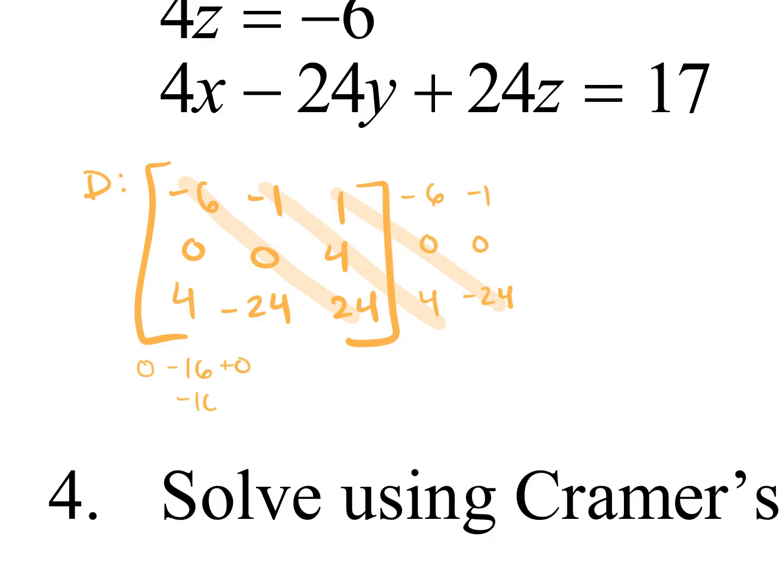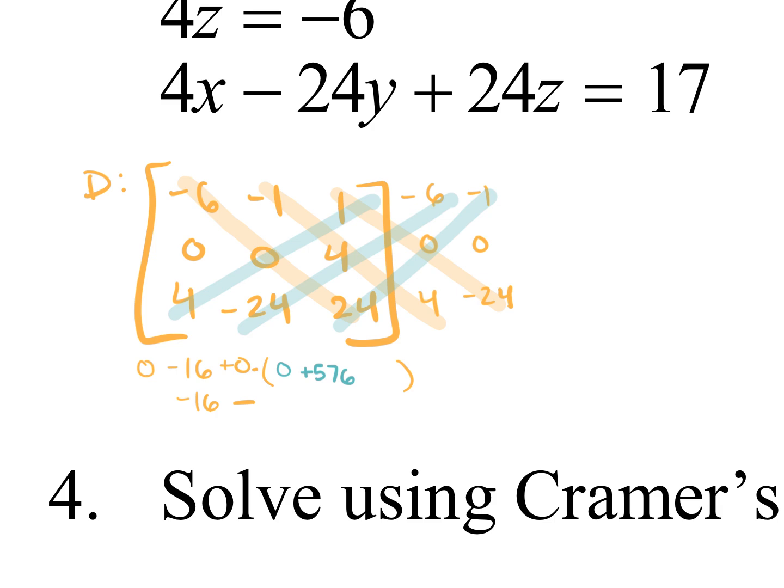So this would be -16 minus, let's find our minors now. Four times 0 times 1 is 0. 24 times 4 times 6 would be positive 576.